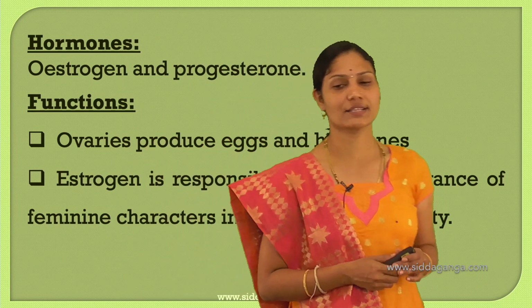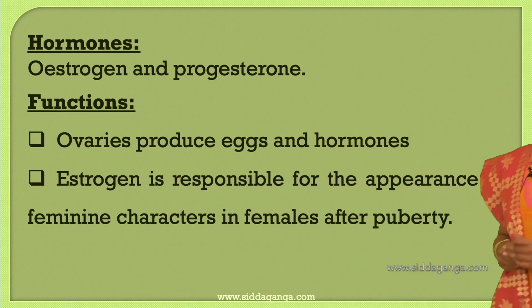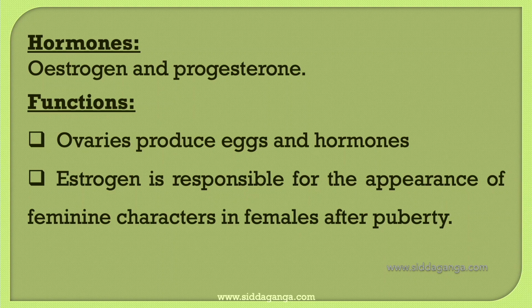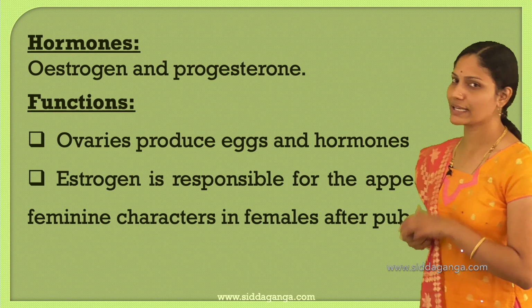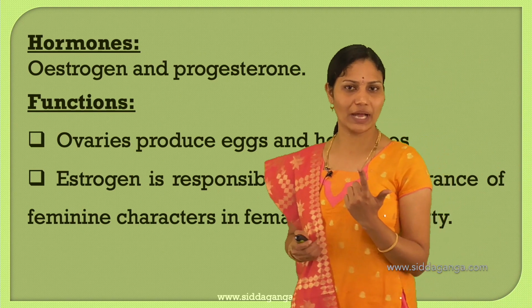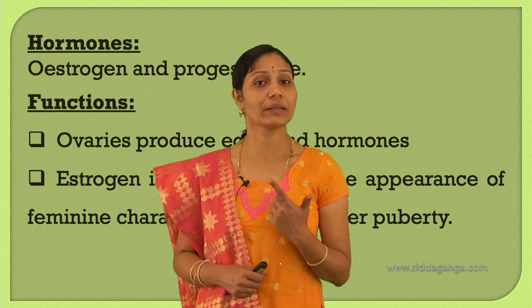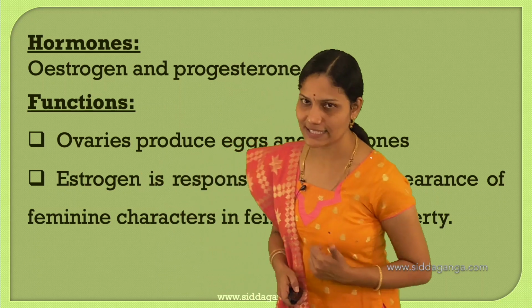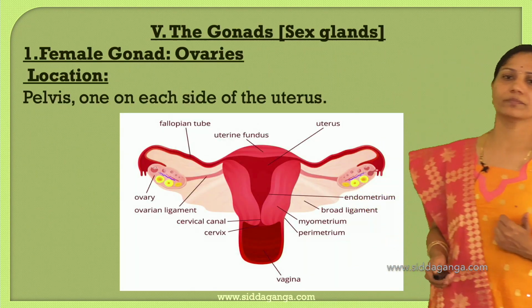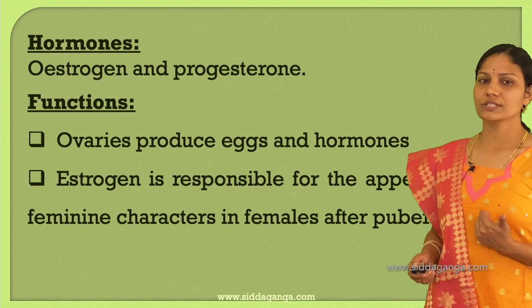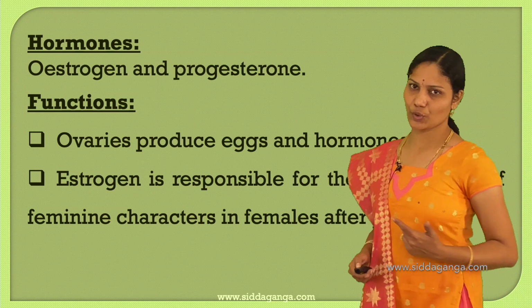Estrogen is the one that is responsible for the appearance of feminine characters in females after puberty. Estrogen and progesterone are the two important hormones secreted by the female gonad, that is ovaries. Is this clear to you? Female hormones, estrogen and progesterone.